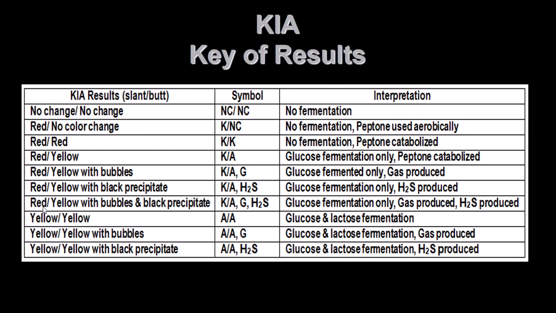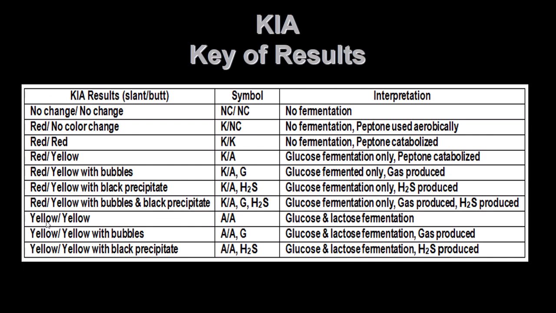And here, if it is red over yellow with bubbles, as we said, that means only the glucose is fermented and H2S is produced. So the black color means H2S always.